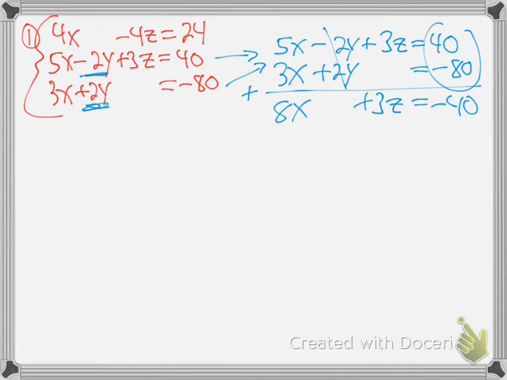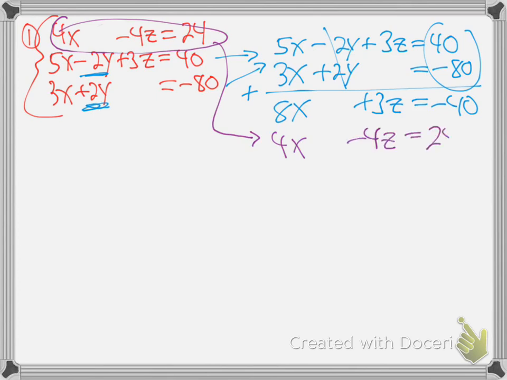So I have an equation now that has x and z, and then bring down this one also, which has x and z. 4x minus 4z is 24. Now I have 2 equations that don't have y in them. It's 2 equations, 2 letters, so I can solve.